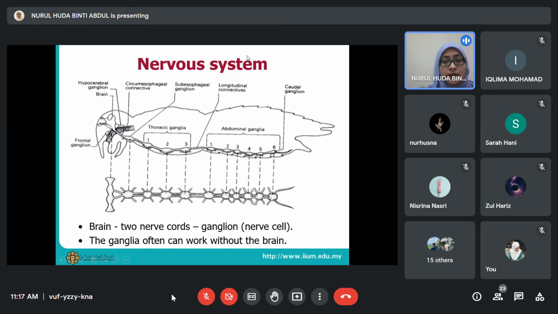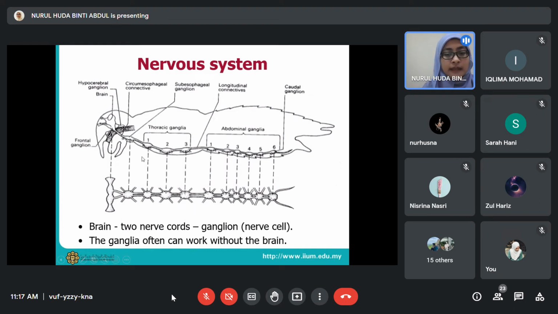Okay, and then they have nervous system, okay, sistem saraf, where it's just a content of brain, and then 2 nerve cord, and then ganglion, which is nerve cell. Okay, so kalau kamu tengok kalau kita keluarkan from the body, this is the part brain, nerve, 2 nerve cord, and then ganglion.